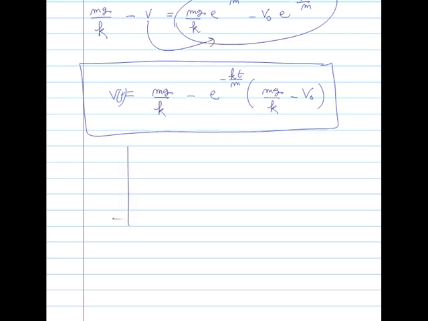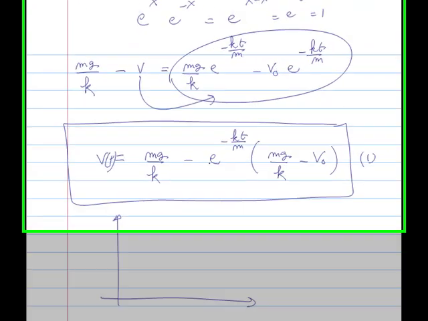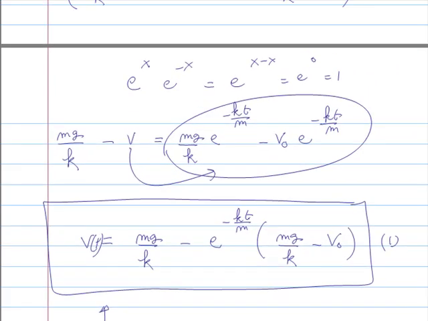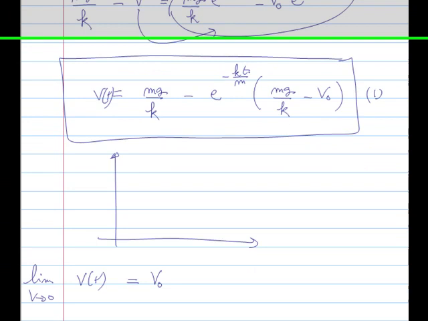Let's check two limits. As I take the limit as t goes to 0, I know I should end up with v naught. So as we take the limit of equation 1, as t goes to 0, e to the 0 is 1.